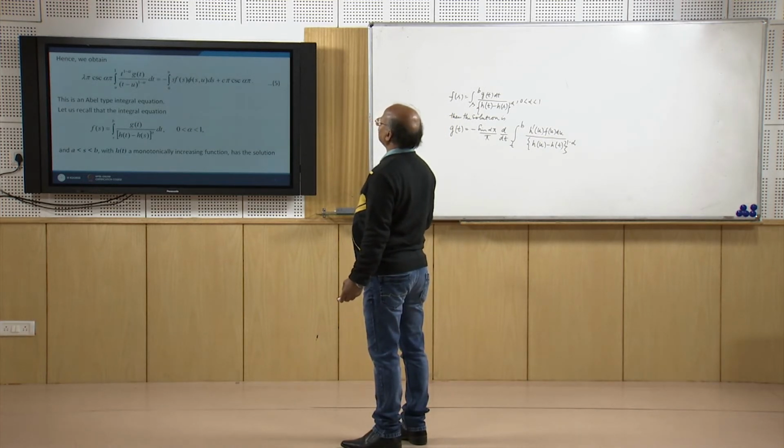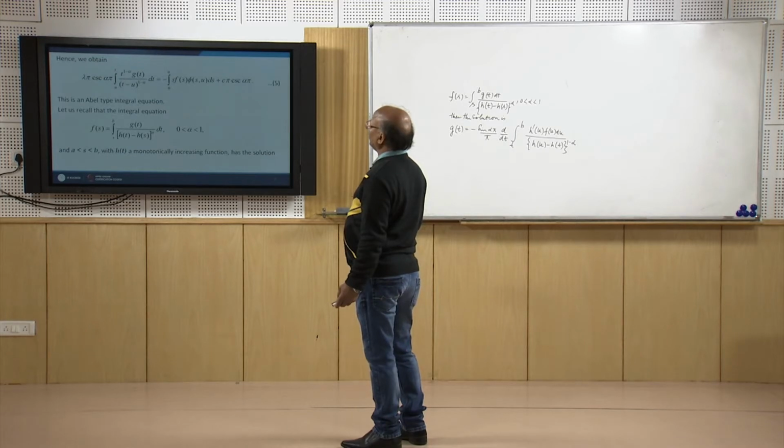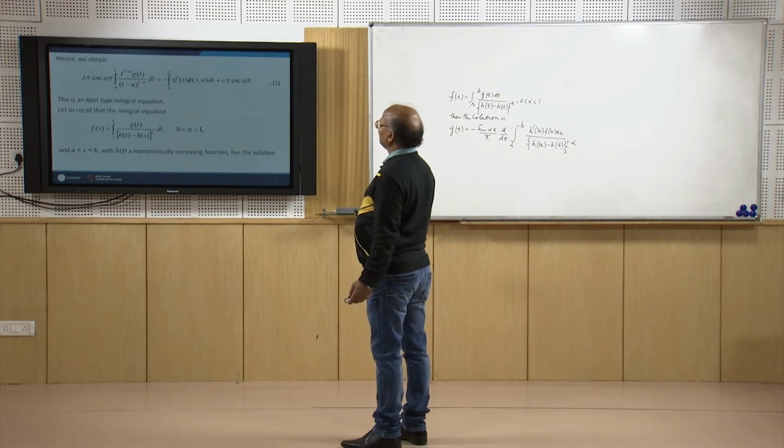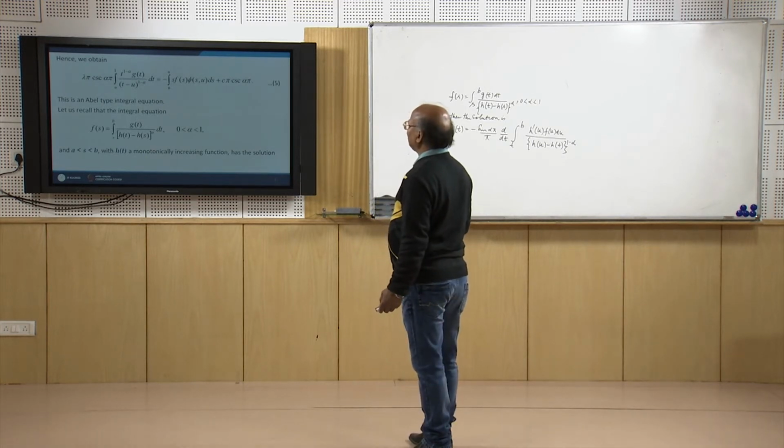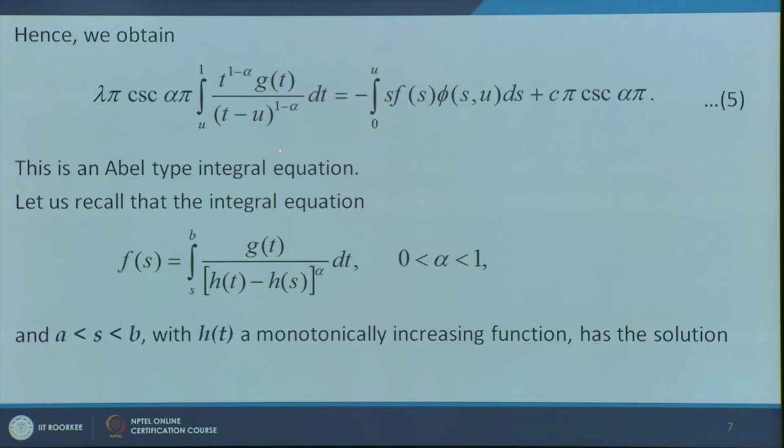We can divide this known quantity by c pi cosec alpha pi, and then the left hand side will be integral u to 1 t to the power 1 minus alpha g(t) over t minus u to the power 1 minus alpha dt. So, when we compare with this, what we notice is that here, in place of s we have u, and so h(s) is nothing but h(u).